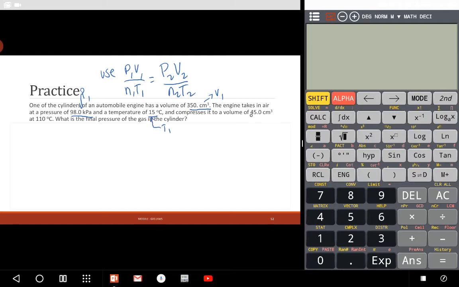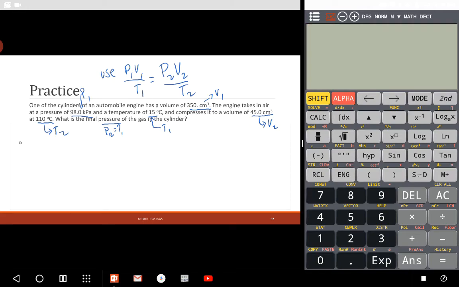And then we are compressing it to this, which is V2, and this temperature, which is T2, and asking us for the pressure. So we are solving for P2. It tells us nothing about N1 or N2, so we're going to say that that's constant in this process. And so now we've simplified our combined gas law to give us the relationship we want and need.